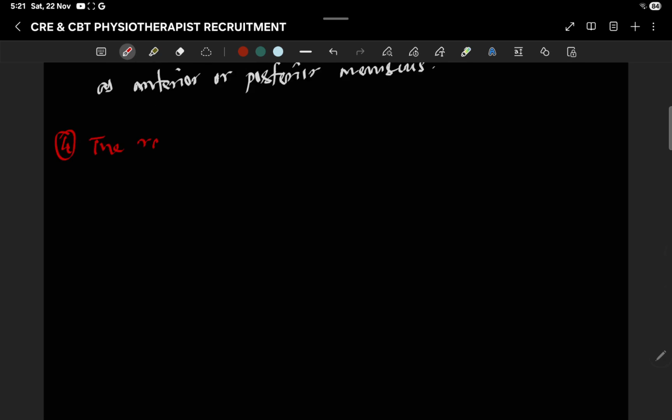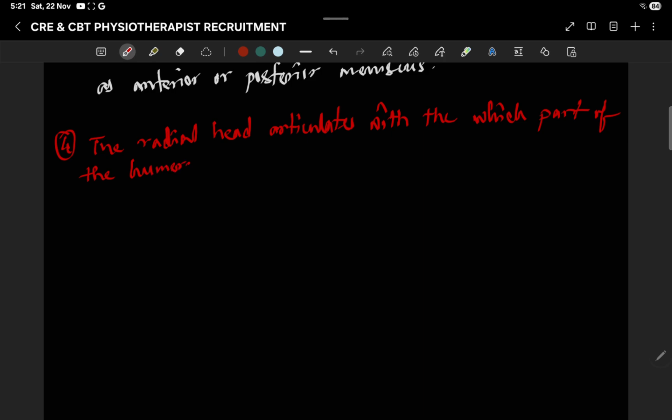The radial head articulates with which part of the humerus?